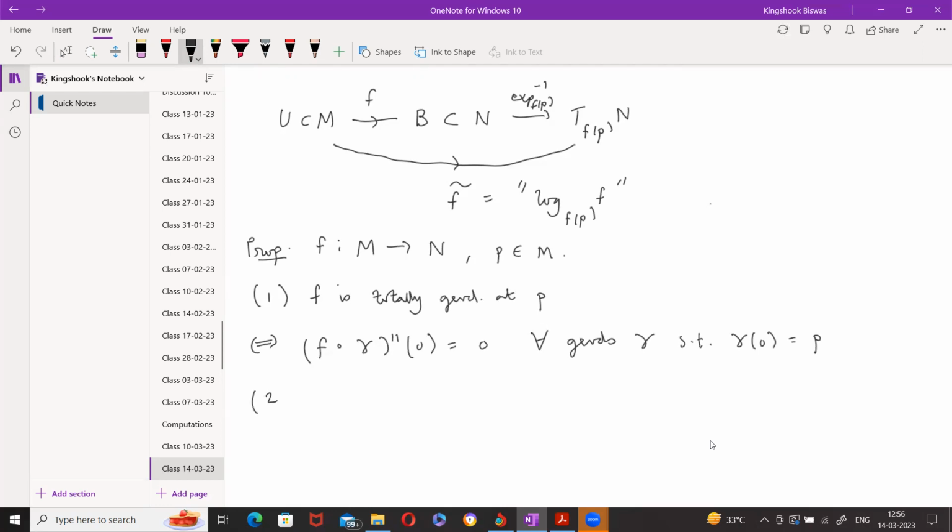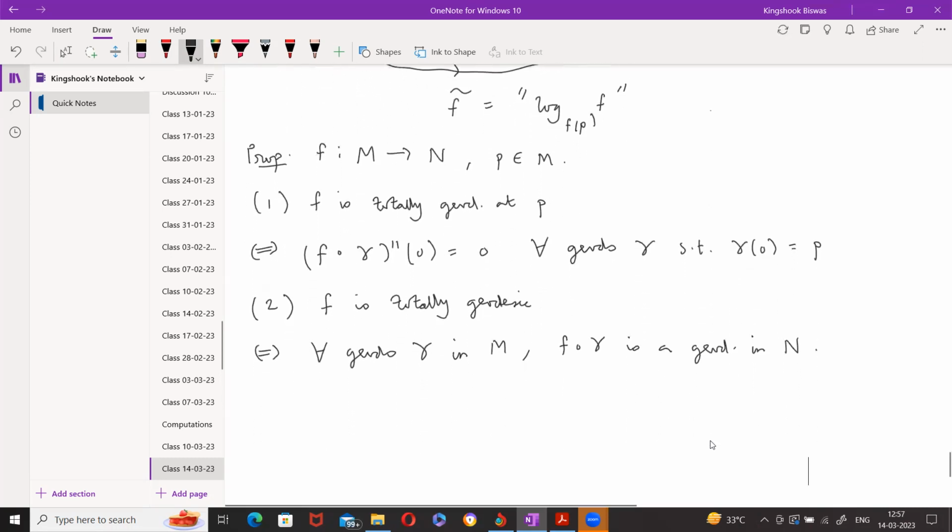And two, F is totally geodesic as a map from M to N. So that means the second fundamental form vanishes at all points P, if and only if for all geodesics gamma in M, F composed gamma is a geodesic in N. So F is totally geodesic if and only if it maps geodesics to geodesics.